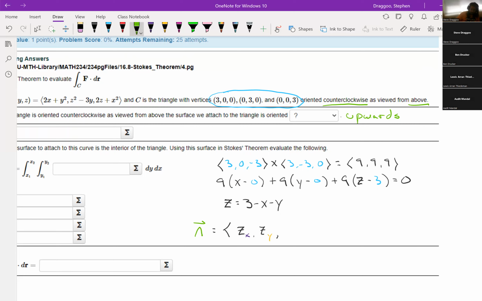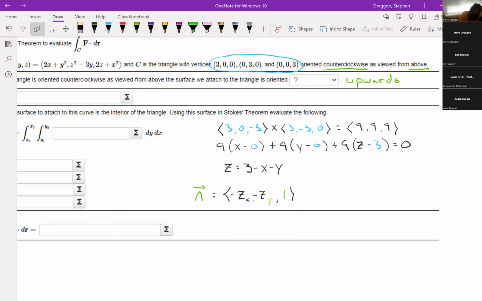But in order to have this thing be positively oriented, I need the z component to be positive, because my positive orientation is upwards. Anytime we talk about upwards in 3 space, we're talking about our z component. So the z component of our normal vector should be positive, meaning the normal vector is really negative partial x, negative partial y, positive 1.